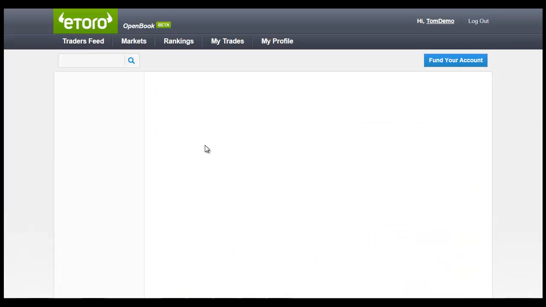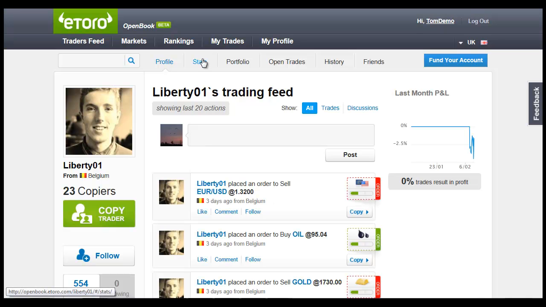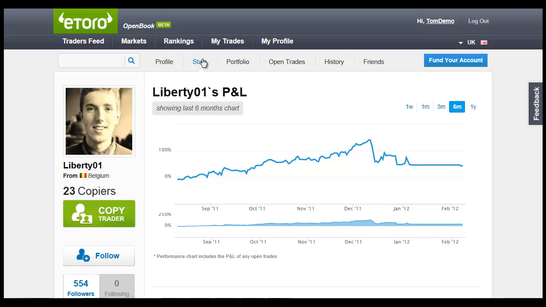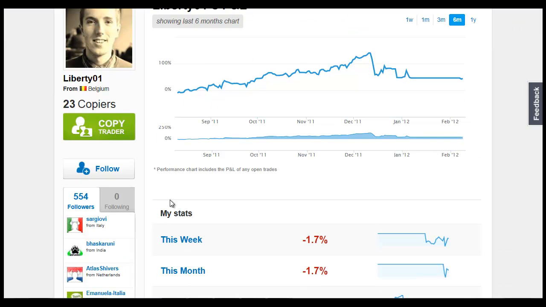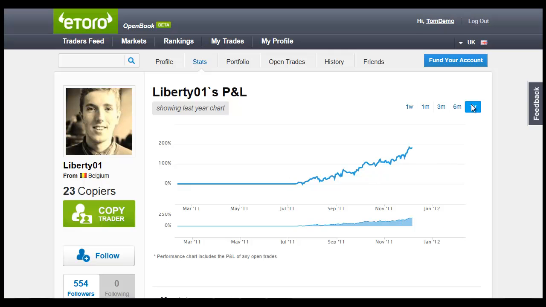Okay, let's check this trader out. Well, the first thing I see is that although this trader has been rather profitable in the long term, we see this trader actually flipped during the last few months.